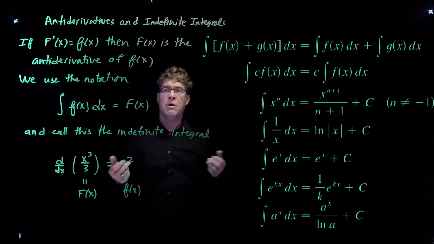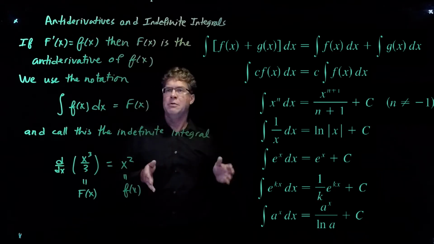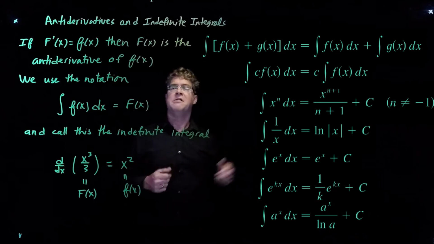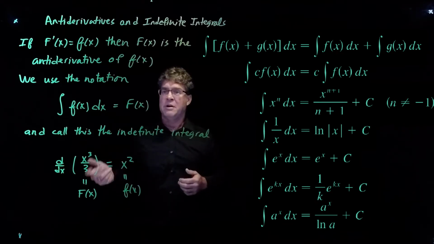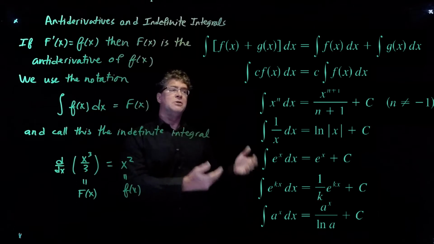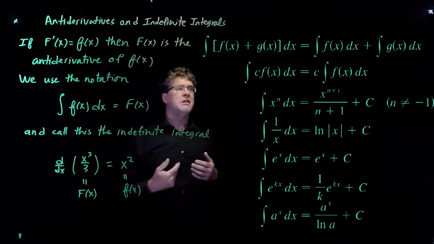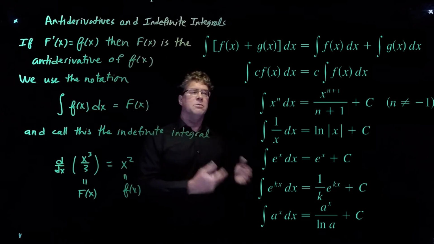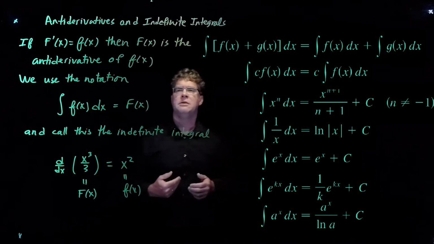When we integrate 1 over x dx, we get the log of absolute value of x plus a constant. Similarly, when we integrate the exponential function, we get the exponential function back plus a constant. We can always add a constant to our antiderivative, and when we differentiate, that constant will disappear.